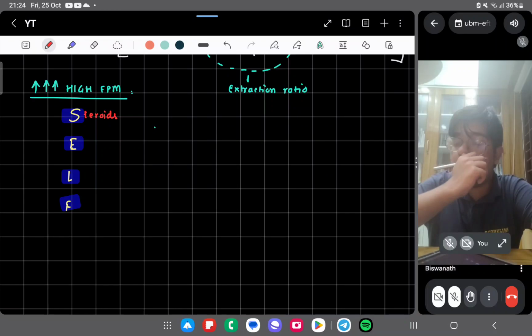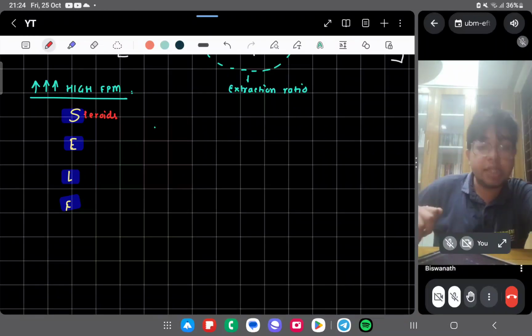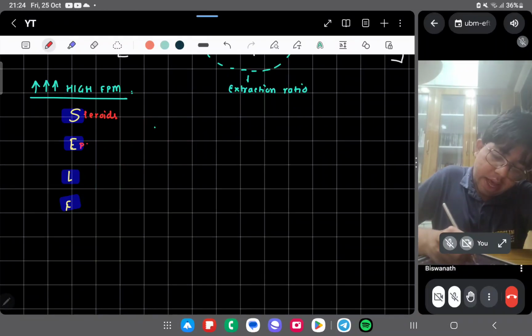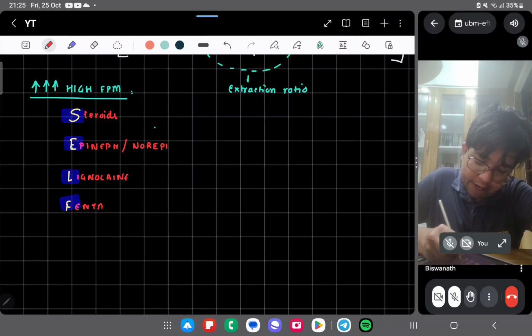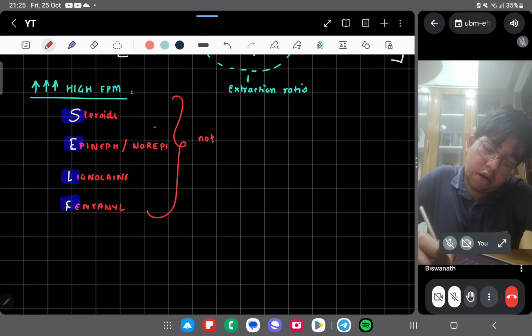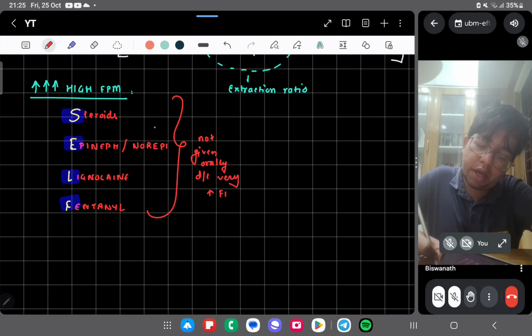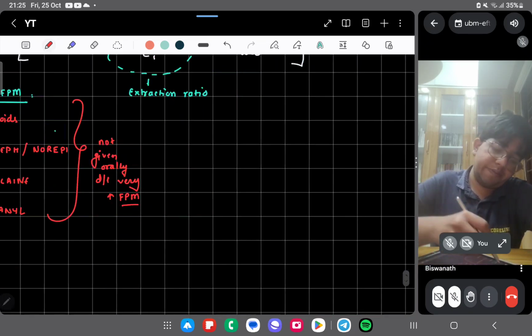Steroids means all the steroids like hydrocortisone, aldosterone, testosterone, estrogen, all of this. Epinephrine, norepinephrine, okay, lignocaine, and fentanyl. These are not given orally due to very high FPM or first pass metabolism.